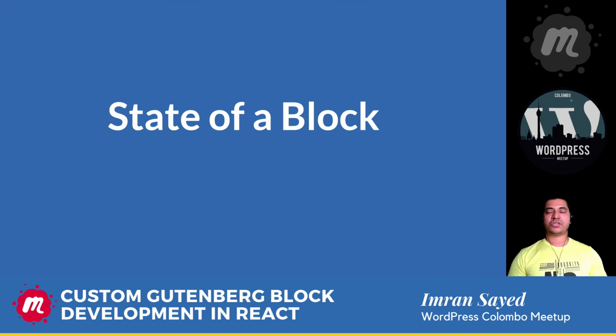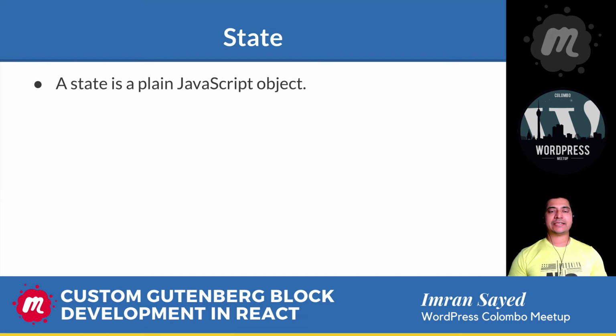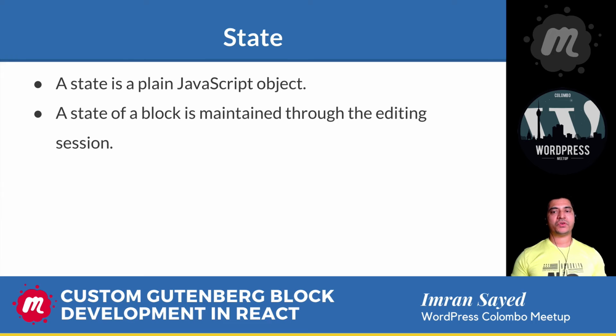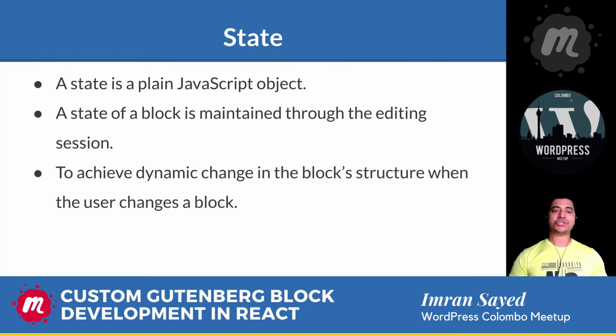Okay, so we're going to talk about the state of a block. State is a plain JavaScript object. Many of you who have worked with React already know what state is, but even if you don't, it's fine. We'll discuss this. The state of a block is maintained through the editing session. To achieve dynamic change in the block structure, when the user changes a block or types something, we manage state in Gutenberg.